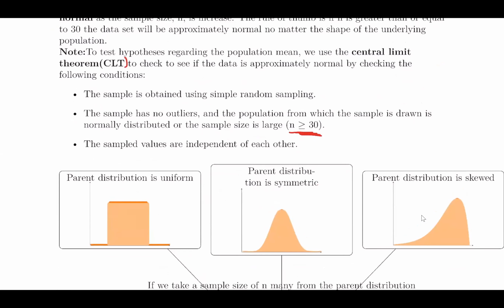All right, so let's look at these parent distributions. So if I look at this parent distribution, what type of distribution is that? Yeah, cool. Uniform.